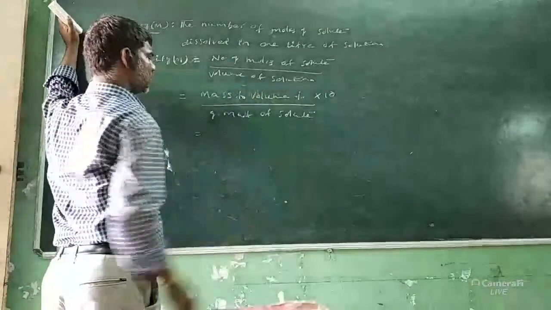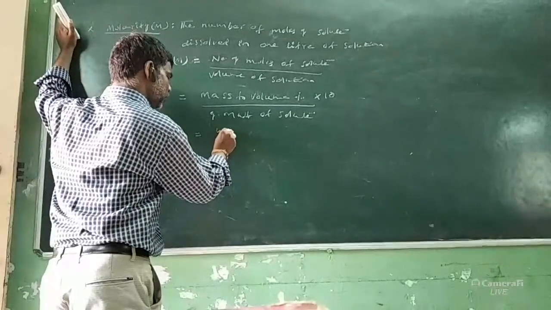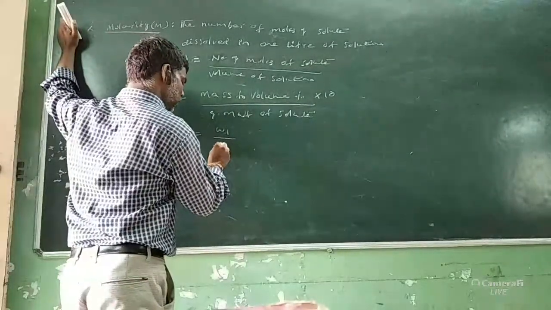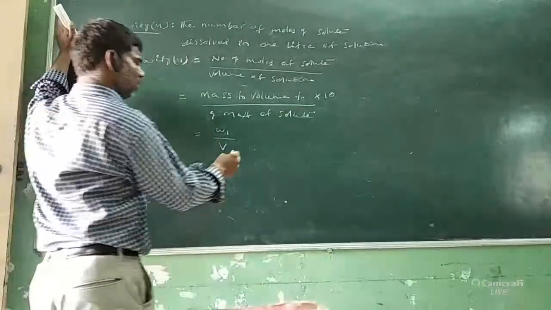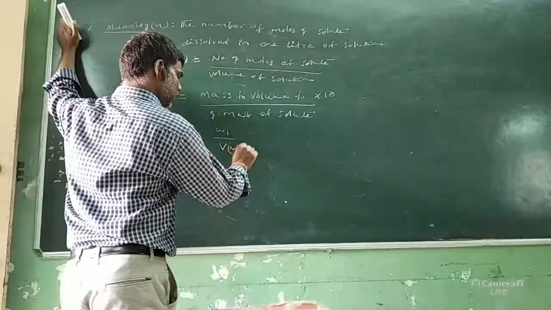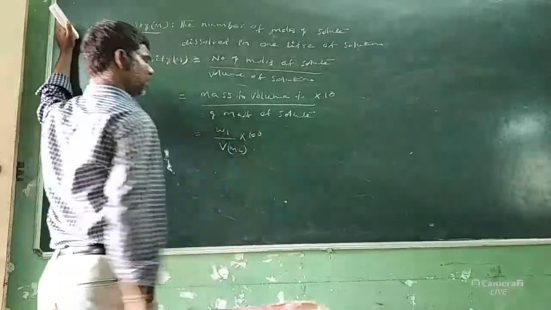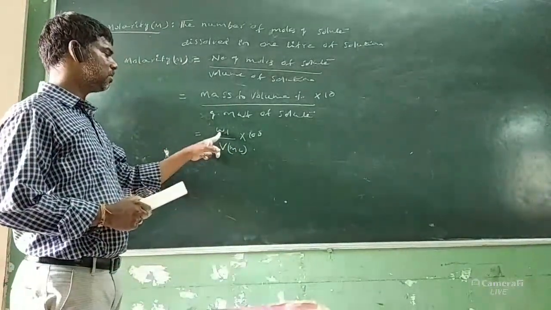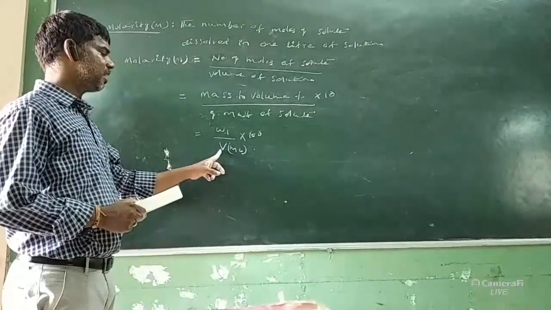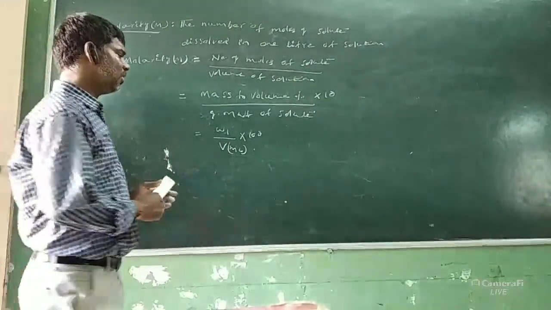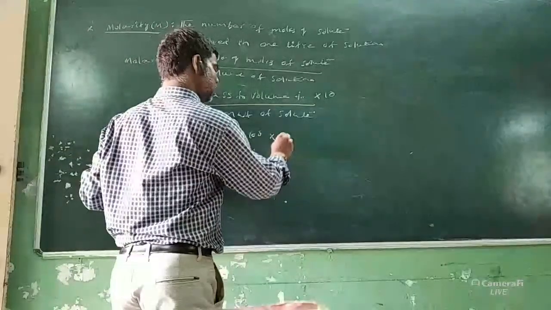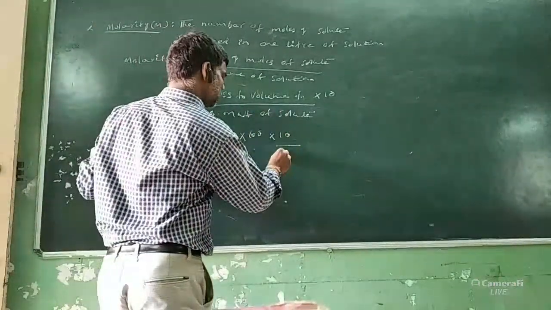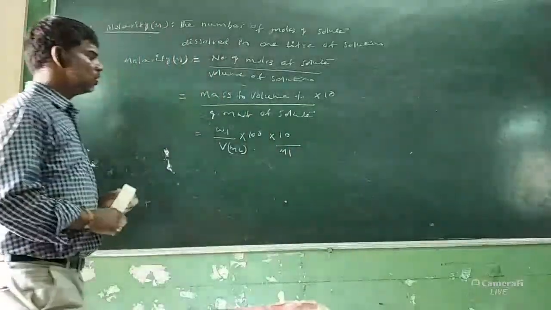The mass to volume percentage means weight of solute W1 by volume V in ml. Here the volume is taken as 100 ml, so mass to volume percentage is W1 by V into 100, and into 10 by gram molecular weight of solute, M1.